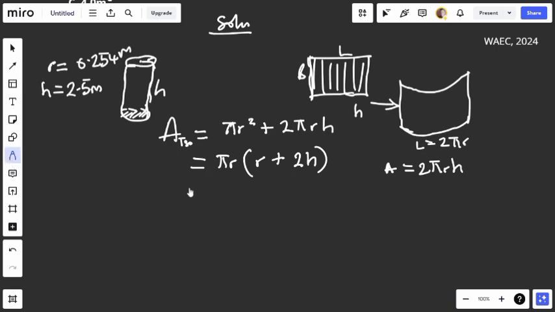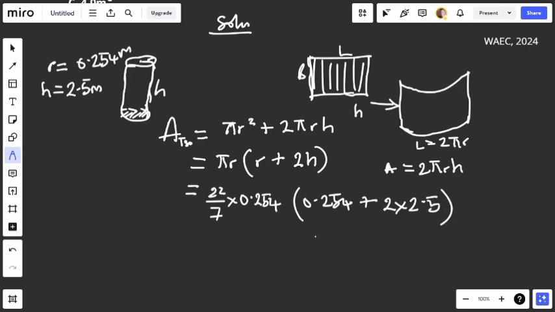Let's plug in our parameters. Pi here is 22/7 times r, our r is 0.254. Then open brackets: our r is 0.254, plus 2 times h, our h is 2.5.